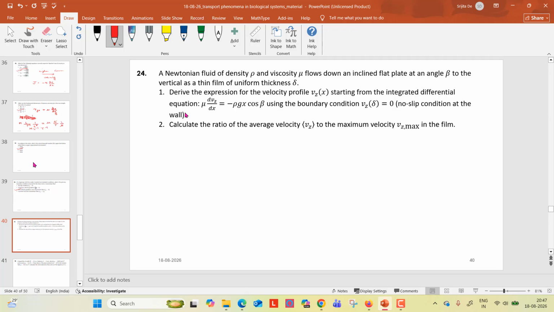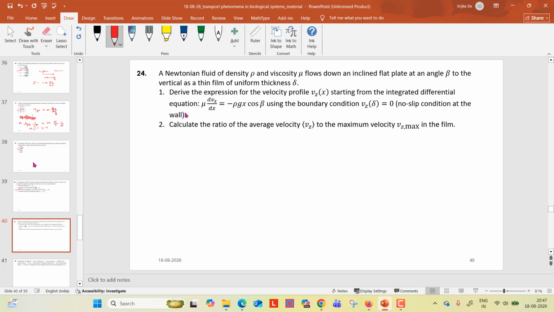A Newtonian fluid of density rho and viscosity mu flows down an inclined flat plate at an angle beta to the vertical as a thin film of uniform thickness delta. Derive the expression for the velocity profile starting from the integrated differential equation using the boundary conditions.